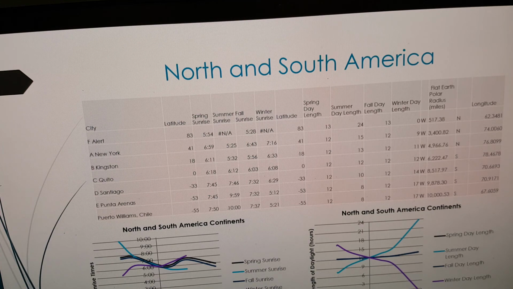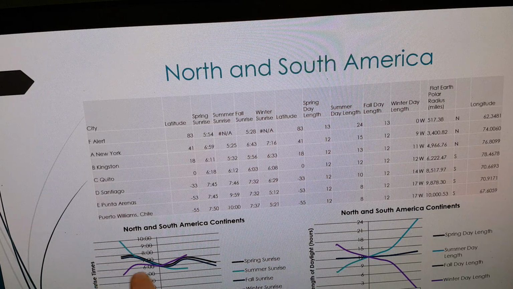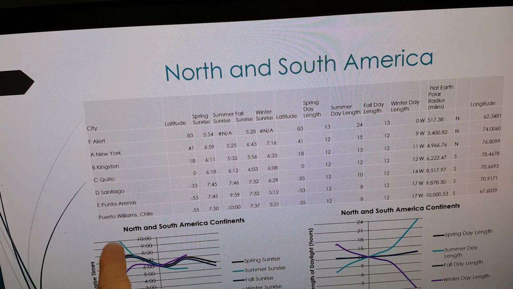And then winter is the purple line. Summer is this turquoise line. And you can see that they're kind of opposite each other. So at the very south, for summer, the sunrise is later in the day.